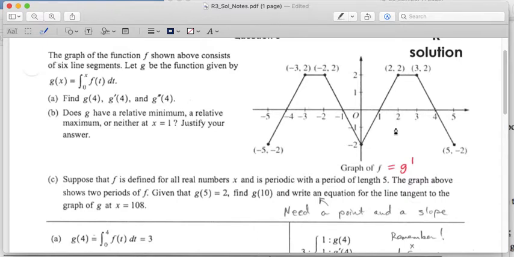That's useful information. All right, part A, find g of 4, g prime of 4, and g double prime of 4. Great questions. G of 4, we're going to have to do an integral because g is defined to be this area. So g of 4 is the integral from 0 to 4 of that function. So from 0 to 4, I have to find the areas of these two regions.